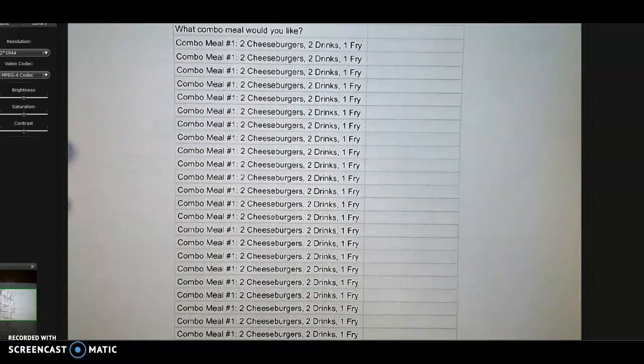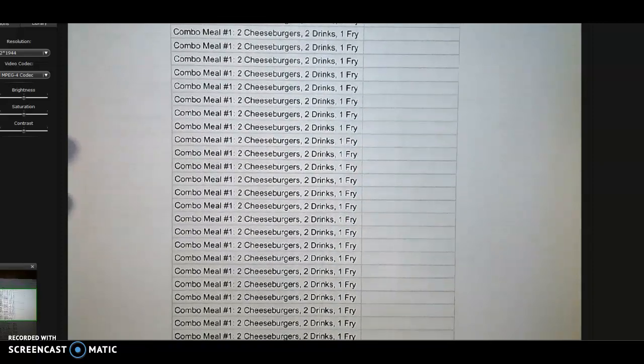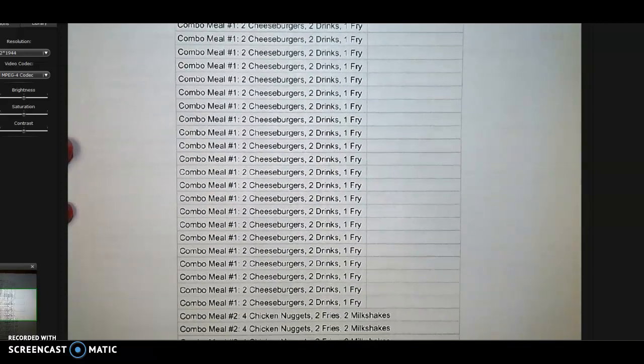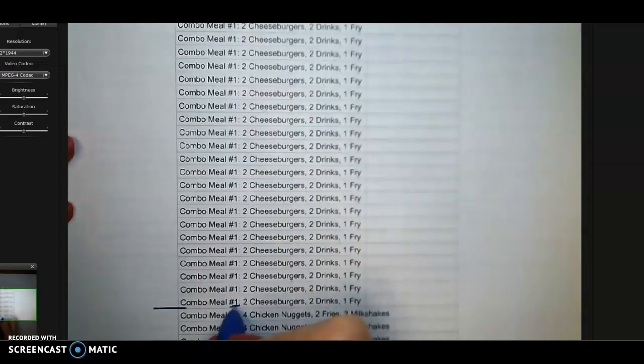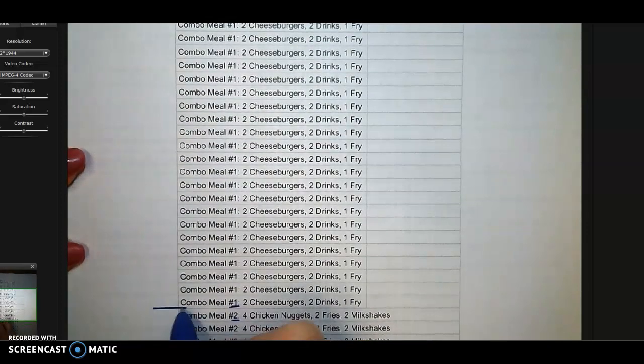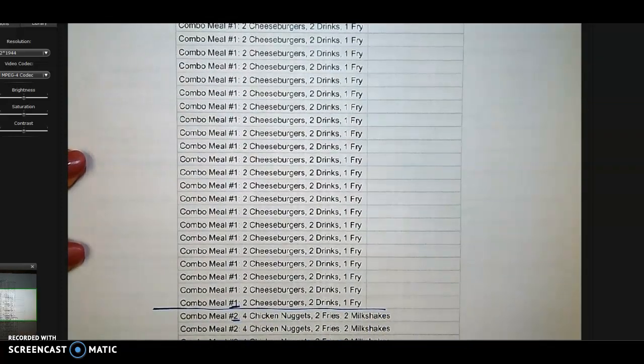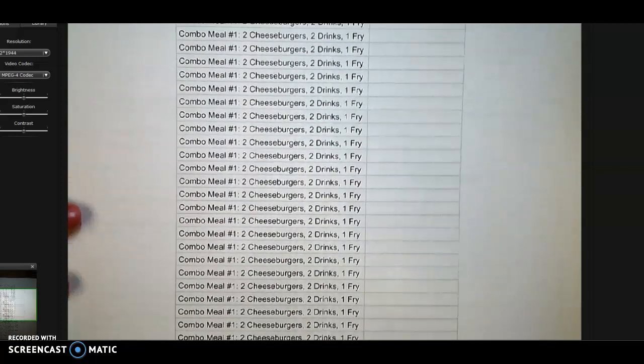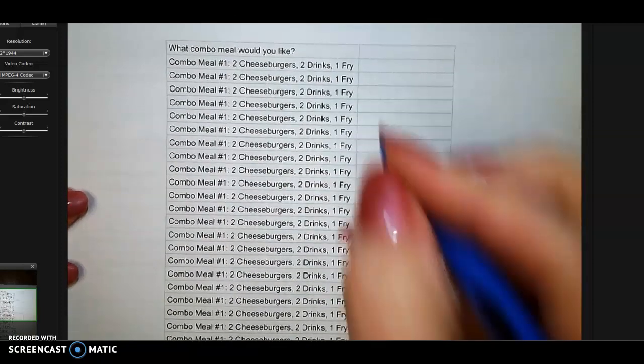You can count how many number 1s are ordered. And you can see that right here it breaks off. So these are the number 1s, and then down here we can see the number 2 meals. So the number 1 meals, if we go through, we can count how many there are.